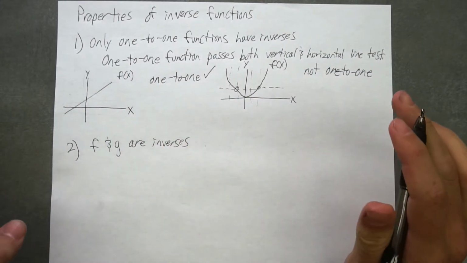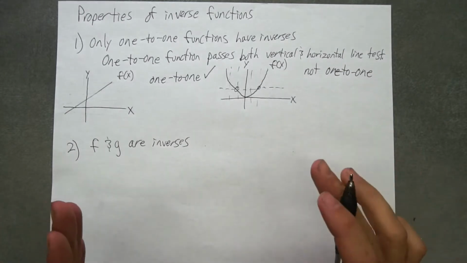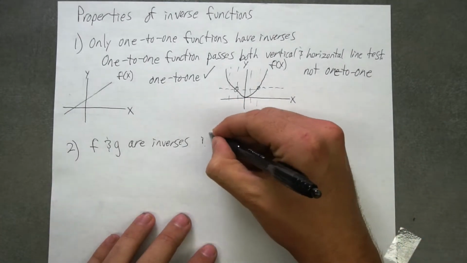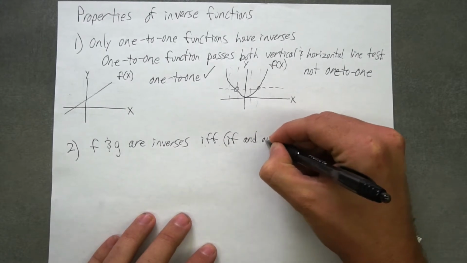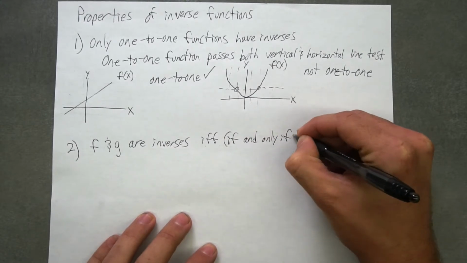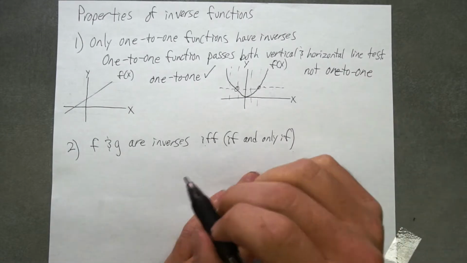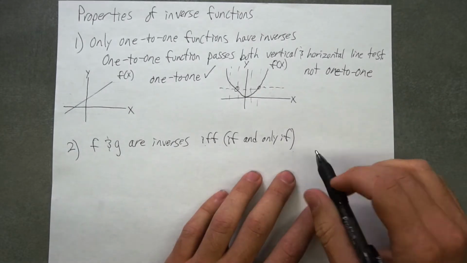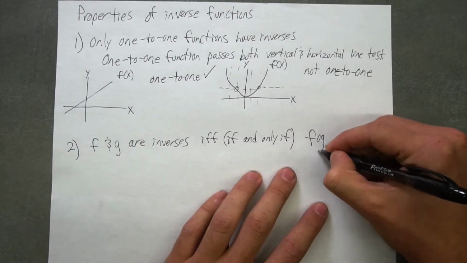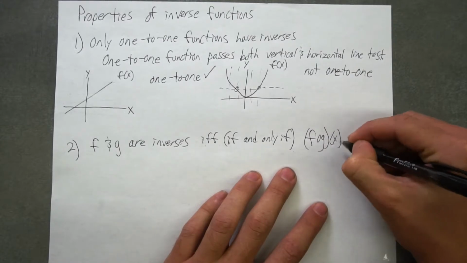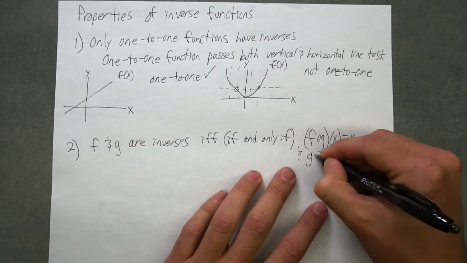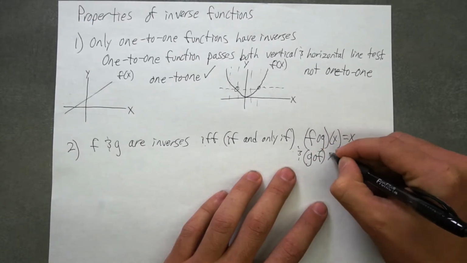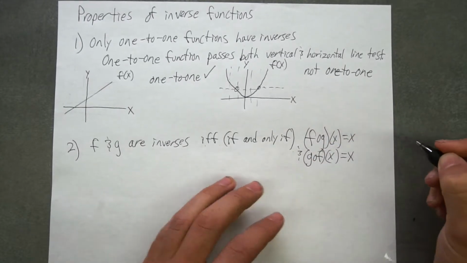Another property of inverse functions that's important is that f and g are inverses if and only if f of g of x equals x and g of f of x is equal to x.